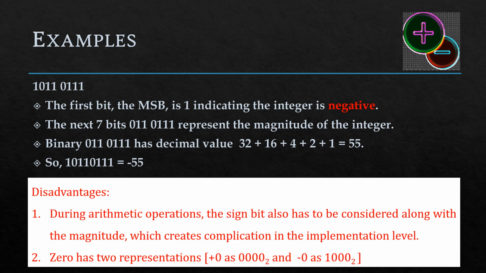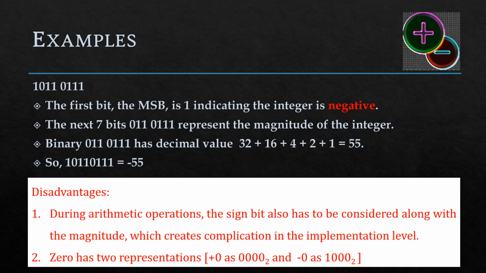How do we find the decimal value of a binary number? Using positional weights: add the weights whose bit value is 1. Using that method, we get the value 55. So 10110111 represents minus 55.